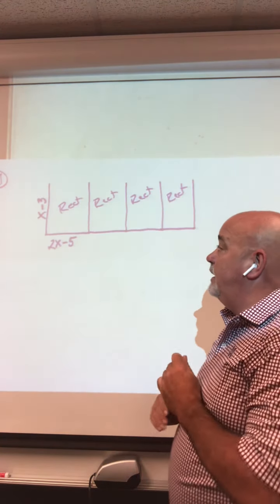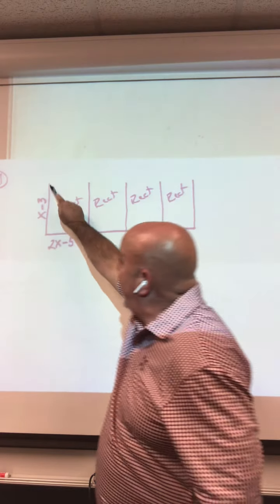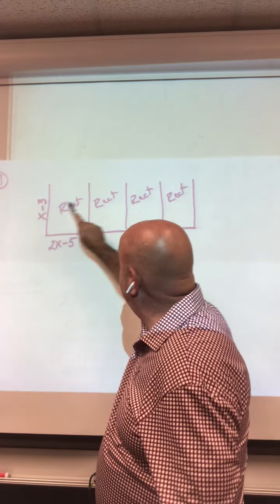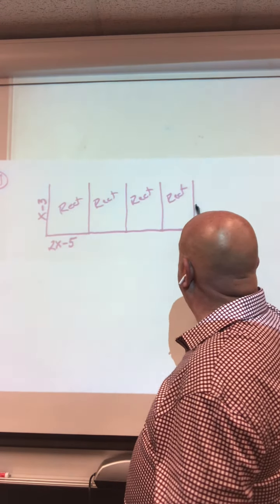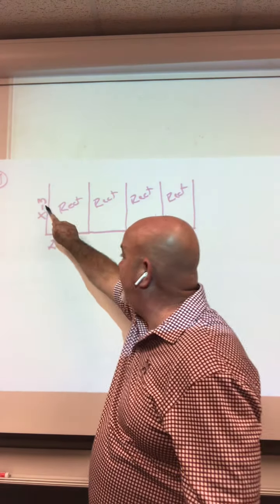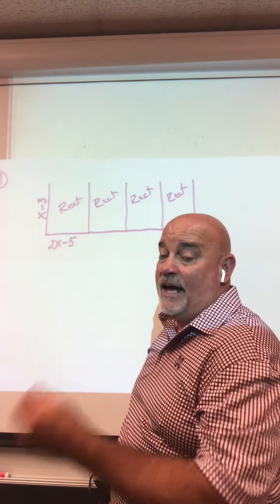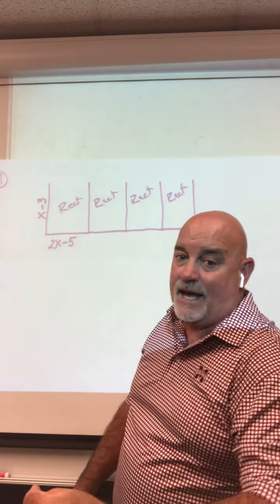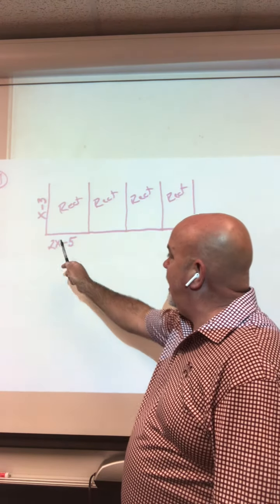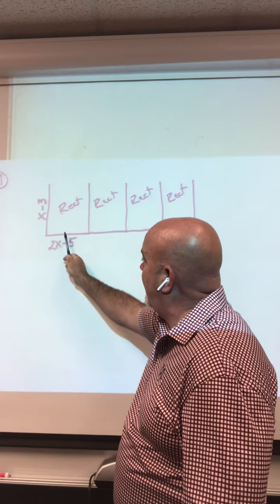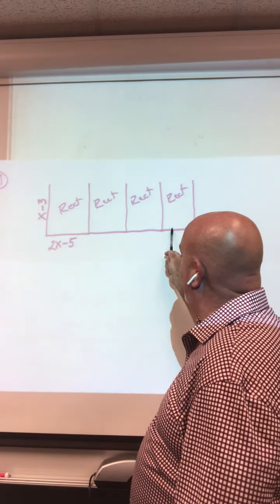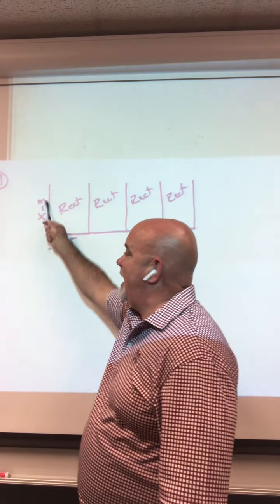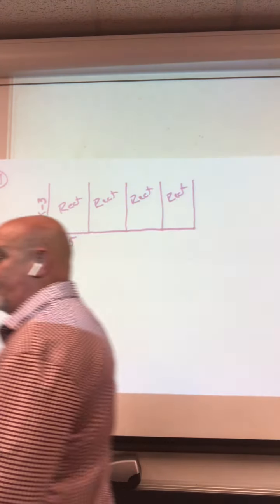Or a quicker way to do it would be, you have an x minus 3, but how many of them do you have? 1, 2, 3, 4, 5. So you have 5 of the x minus 3's. So x minus 3, 5 times, or 5 times x minus 3. Now, how many 2x minus 5's do I have? 1, 2, 3, 4. So it's 4 times this, 5 times that, and then you're adding them together.